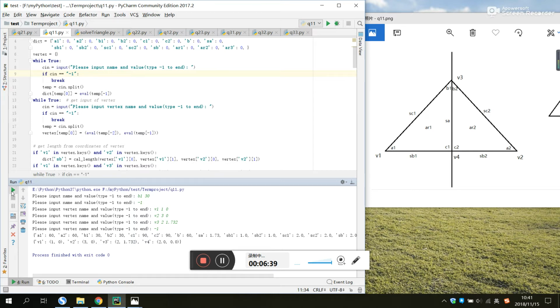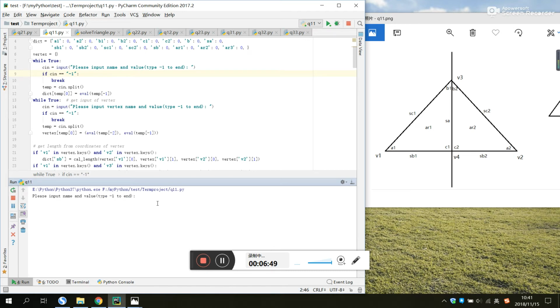Also, if we only know vertex coordinates and the length, we can only solve these solvable items. For example, we know V1 is 1, 0, SB1 is 1. Oh, sorry. First, I have to input a length. Let's try again.